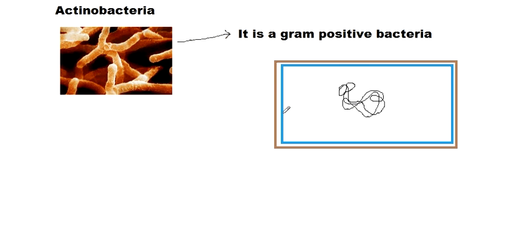So what is another point about actinobacteria? Actinobacteria is also called actinomycetes. It is a phylum, and one of the orders inside it is actinomycetes. From mycetes, what you may remember is fungi.